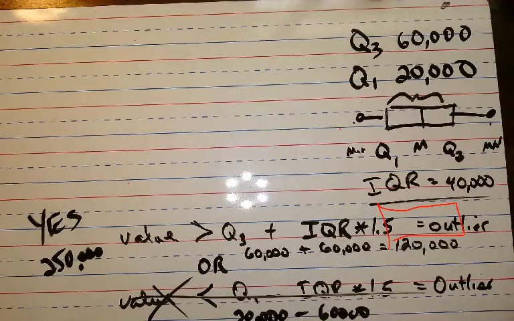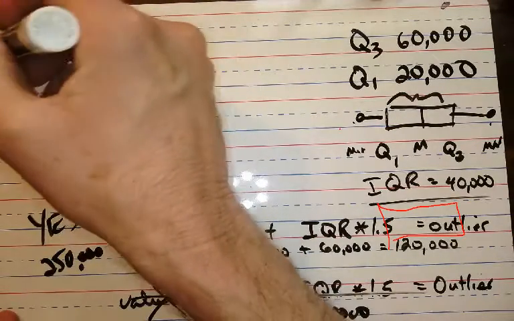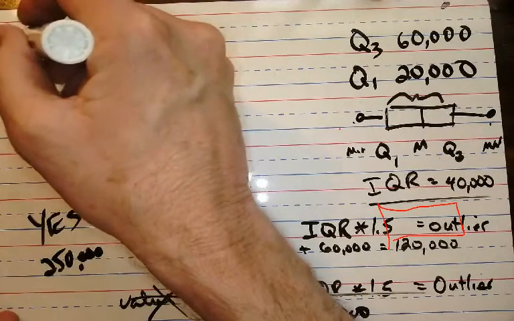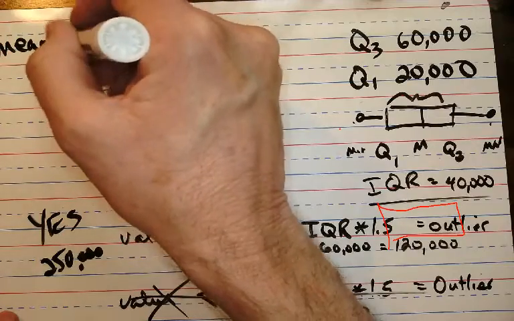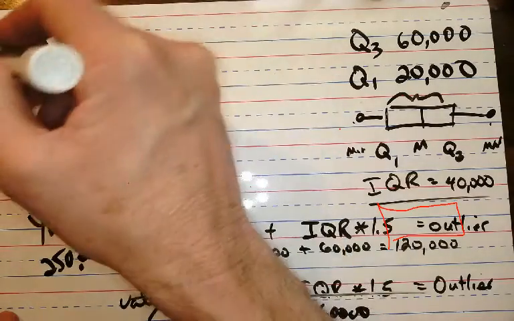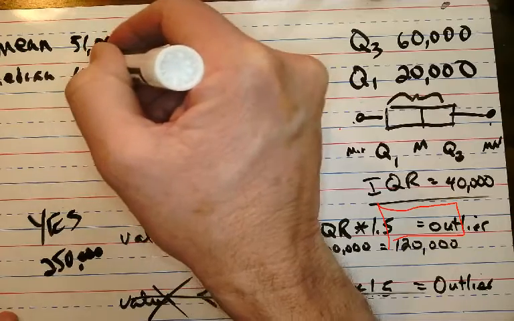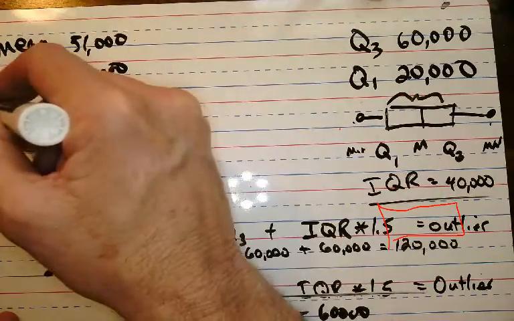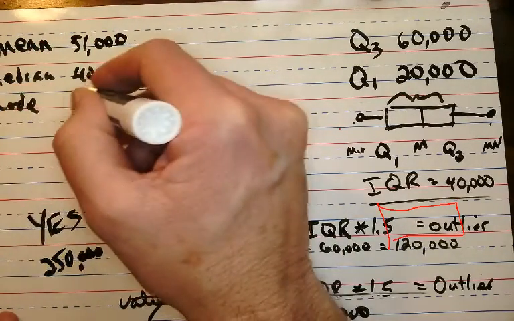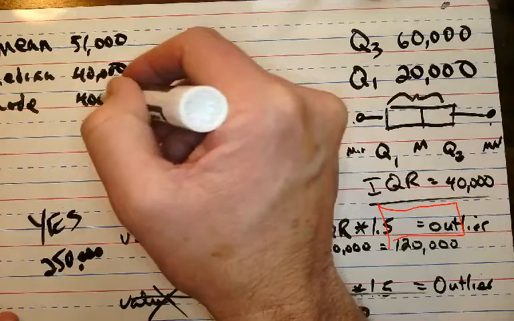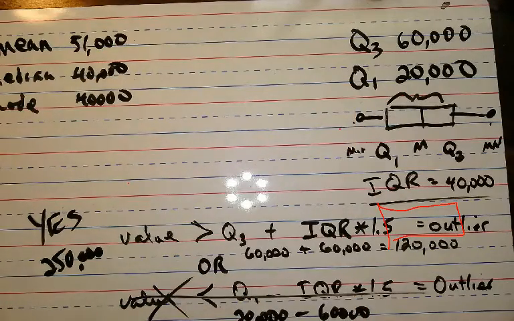Now, what if we remove that outlier? What do you mean, remove the outlier? Well, let's write down what we know. We know the mean is 51,000. The median is 40,000. And the mode is also 40,000. We know that from our list of numbers.